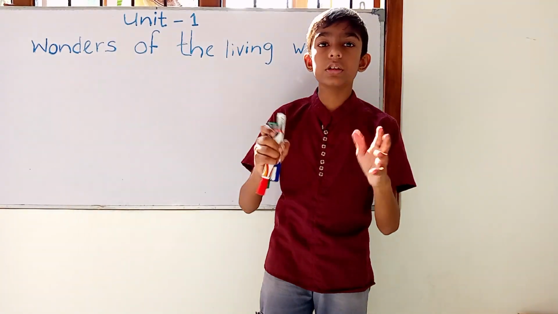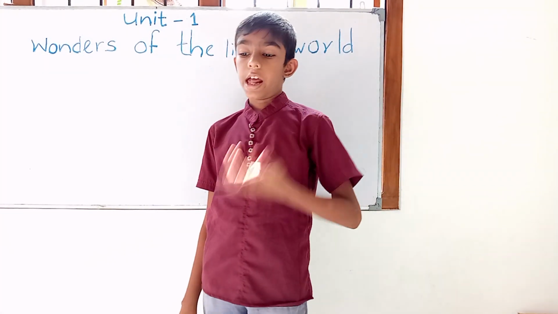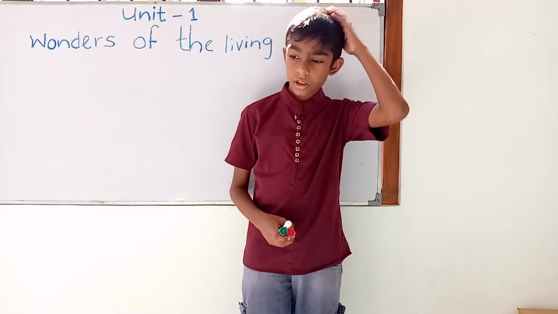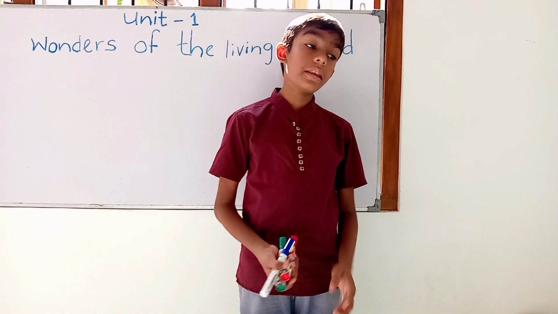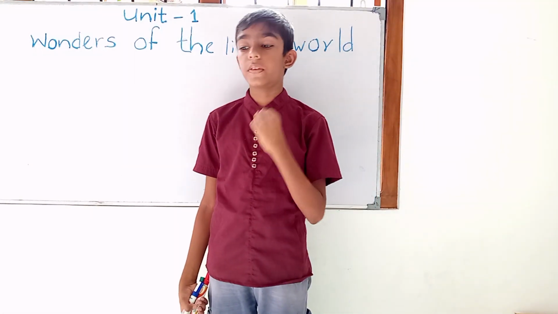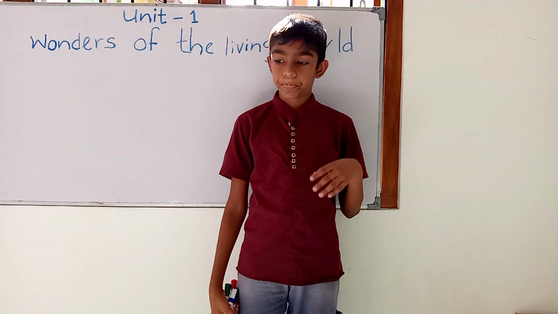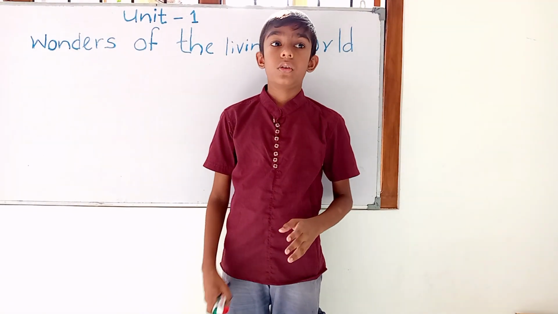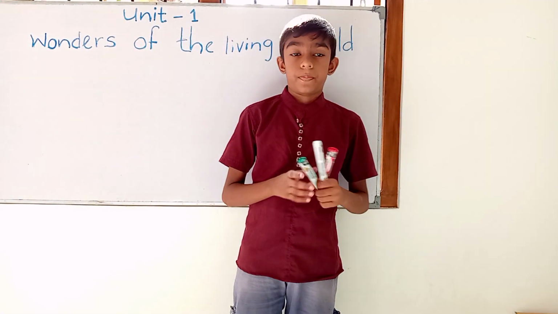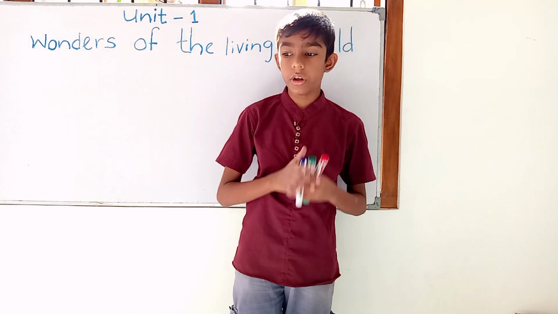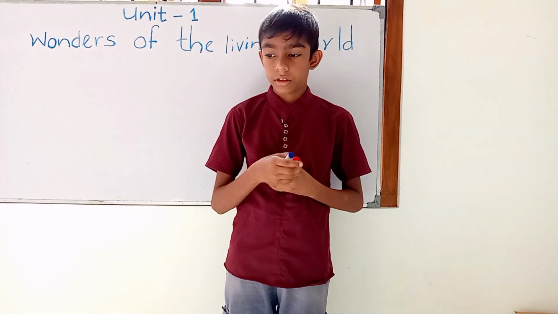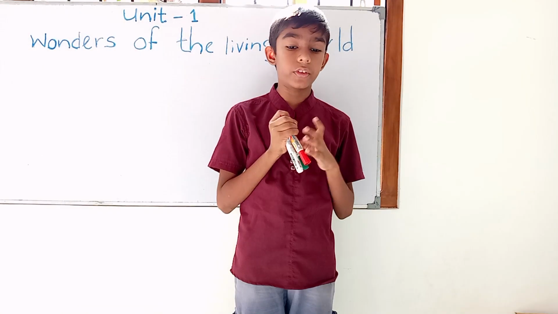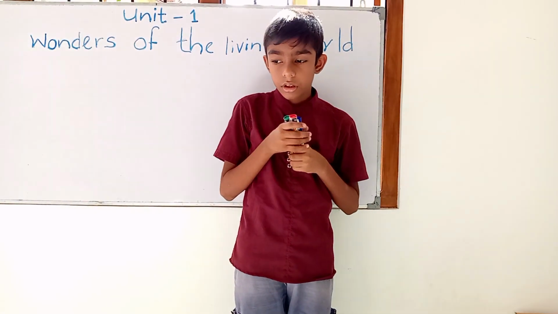Plants produce their own food and they are known as autotrophic. Animals, on the other hand, do not produce their own food and depend on other animals or plants directly or indirectly. Chlorophyll is present in green plants.